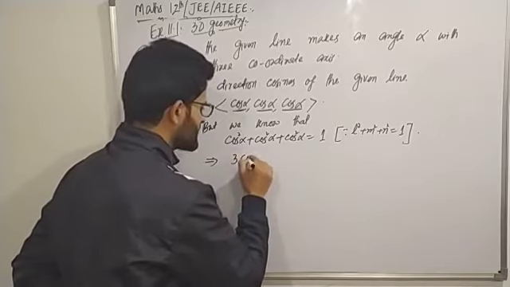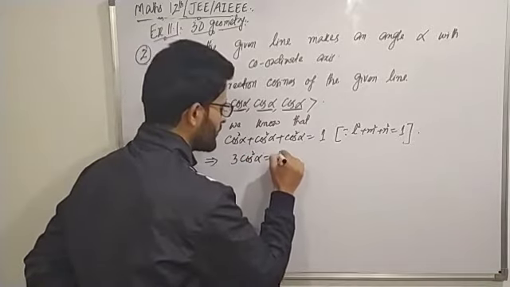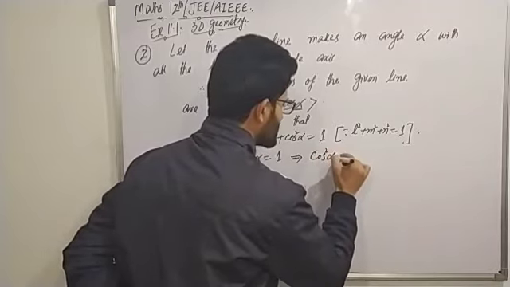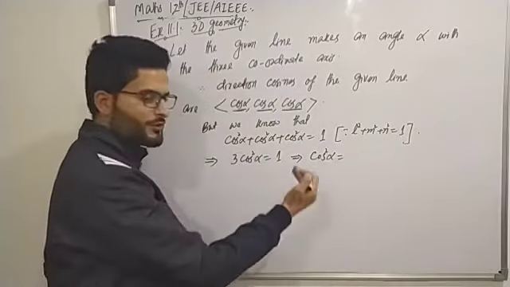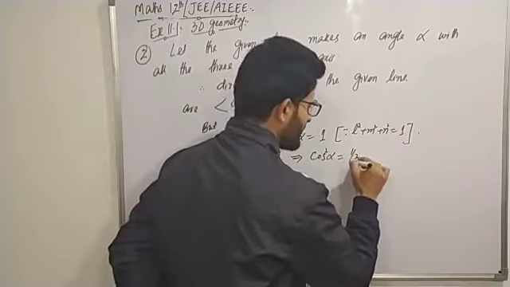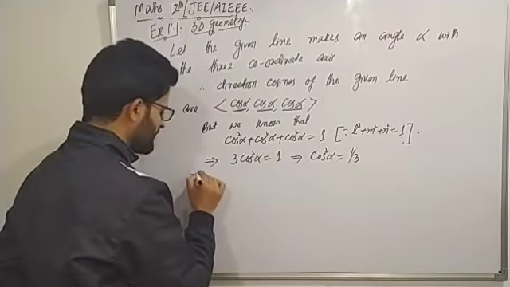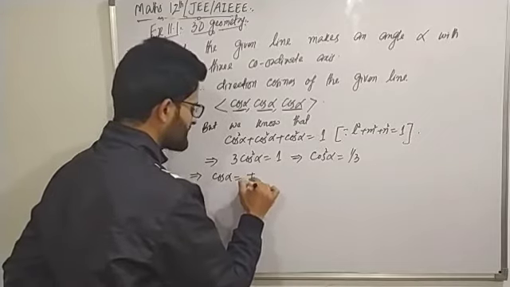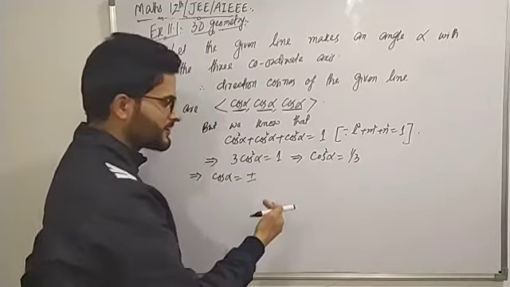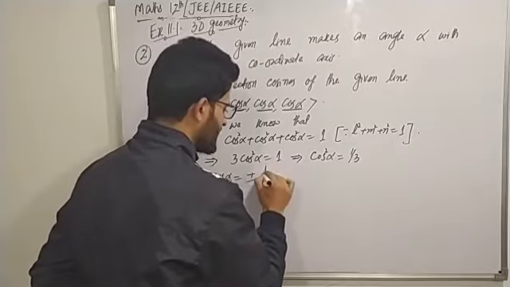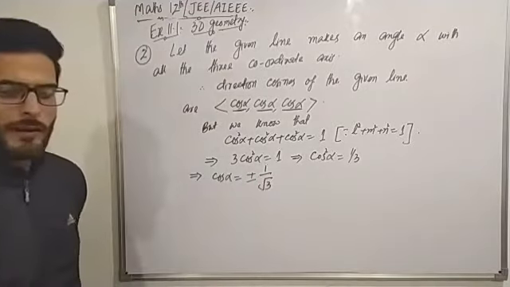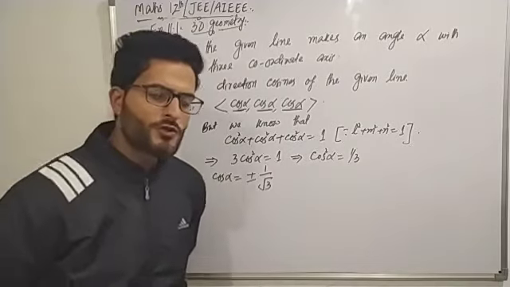So 3 times cos square alpha is equal to 1, which implies cos square alpha must be equal, 3 multiple है तो उस साइड में डिवाइड होगा, so 1 divided by 3, which further implies that yes, cos alpha must be equal to plus minus square root. तो square root of 1 is 1 divided by square root of 3. तो cos alpha का वैल्यू आ रहा है plus minus 1 divided by square root 3.